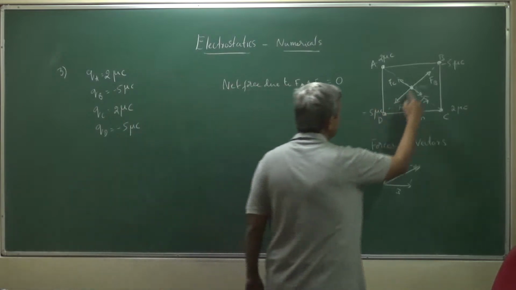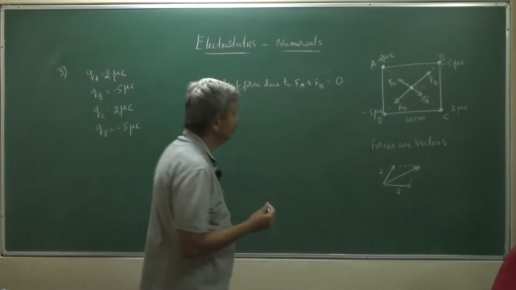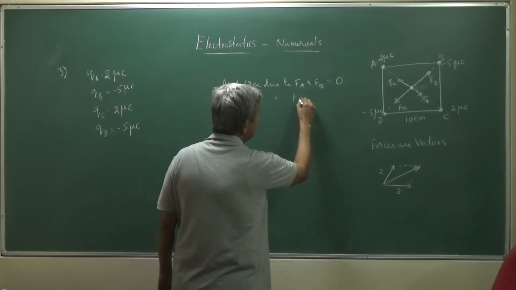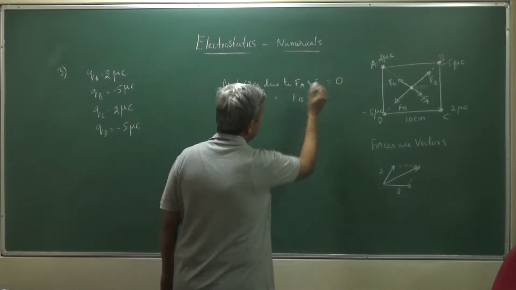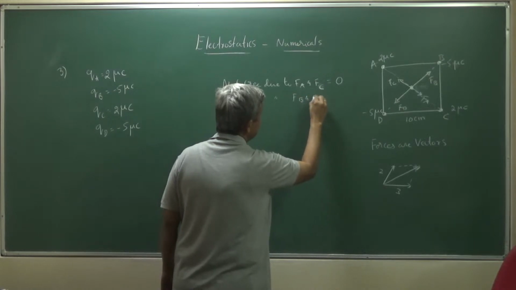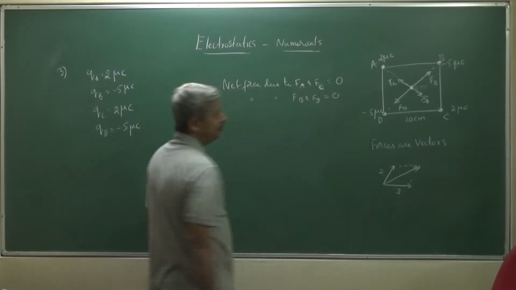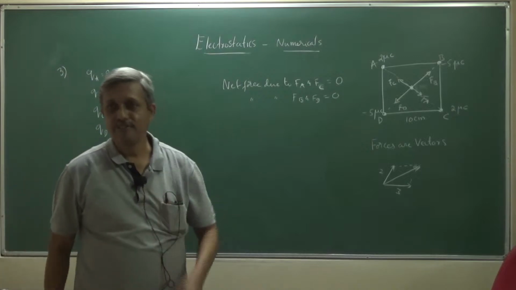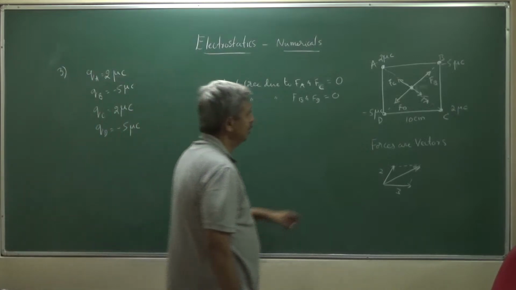Similarly, net force due to these two also is 0. So net force due to FB and FD, that also is 0. You need to write this to be able to basically convey what you are saying. Net force due to this one is also 0.